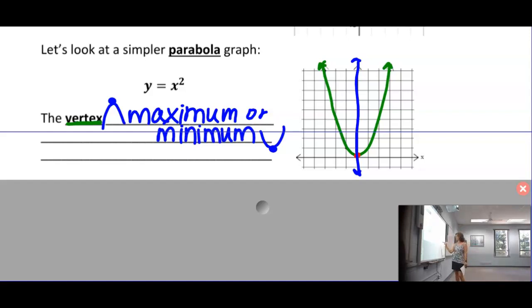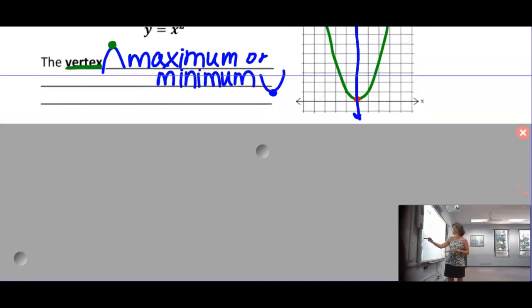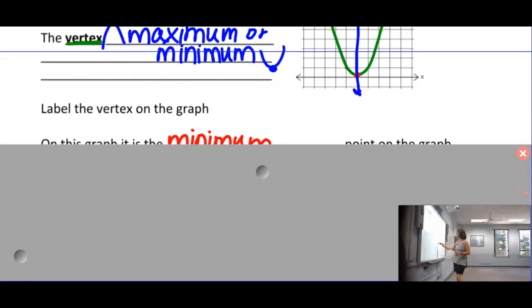This red dot on this graph is our minimum because it's the lowest point of that graph. It's also the point where it shifts to go back up, making it so you can fold it in half. A maximum would be like this. It would be the highest point. So it would be an upside down U, or kind of an N, but still.